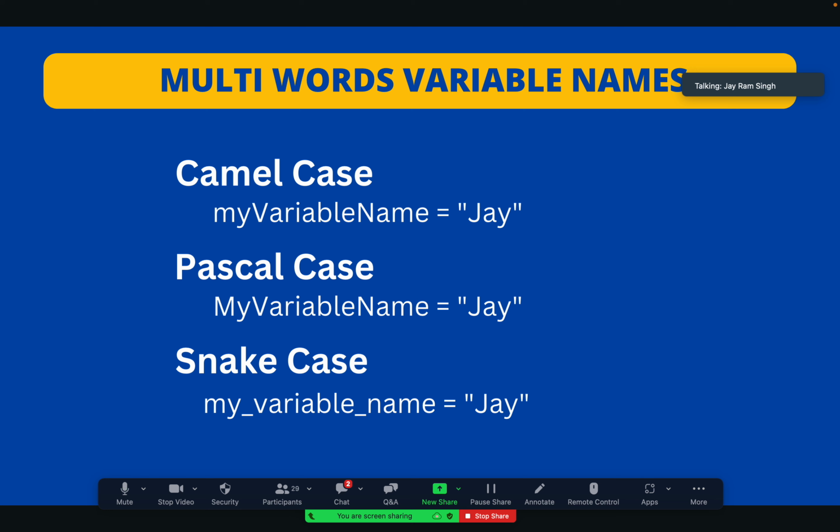You can use any of these conventions; in most places I have seen camel case used. But always follow the same convention within a file so it is not confusing, and always write a descriptive variable name. So it's clear?